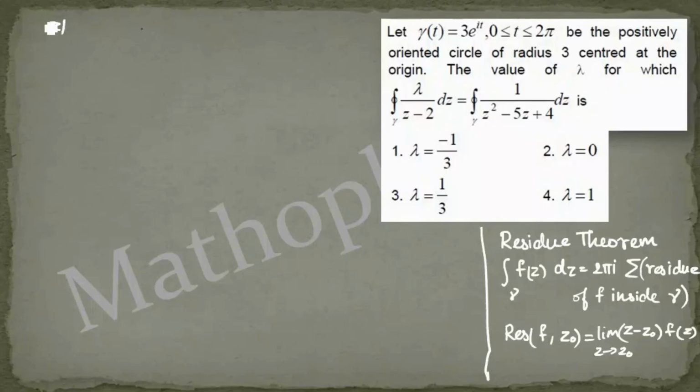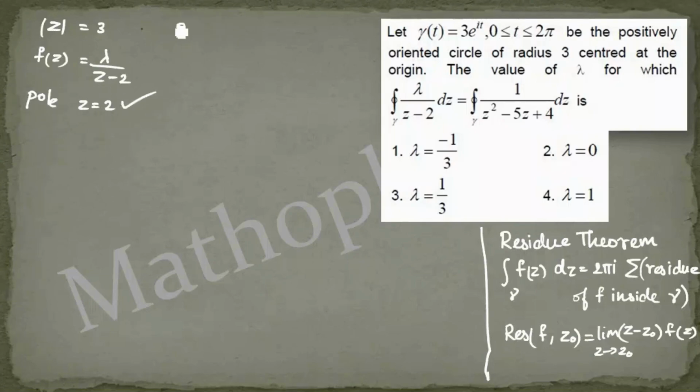And இங்கே என்ன கொடுத்துருக்காங்க, it's a circle with radius 3 centered at origin. First left hand side இருக்க அந்த integral-ஐ consider பண்ணிக்கலாம். Let f of z be equal to lambda by z minus 2. So here pole is z equal to 2, which is inside circle.